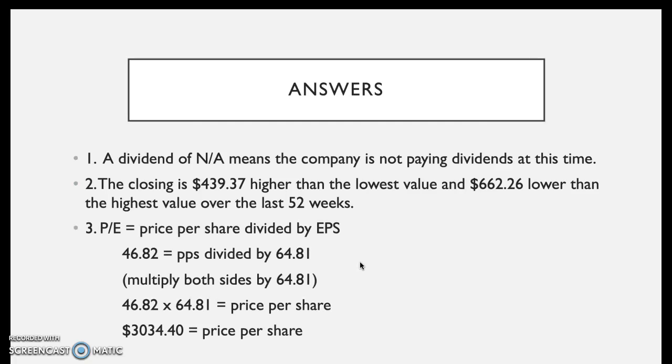And the last one is about the price earning ratio. So remember, the price earning ratio is the price per share divided by the earnings per share. We know that we have the price earning ratio of 46.82 and the earning per share is 64.81. So 46.82 equals the price per share divided by 64.81.